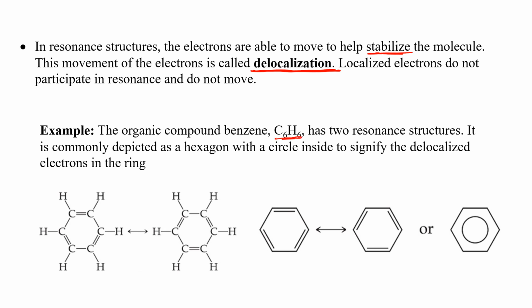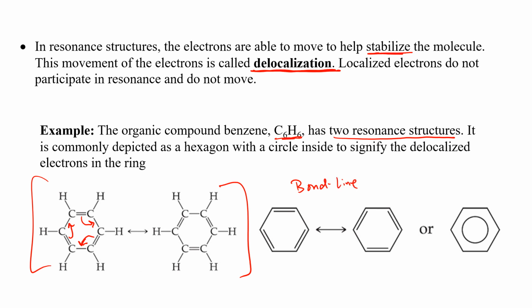Benzene, for example, has 2 resonance structures. I just want to show you molecules in a ring. Let me show you with arrows. These are curved arrows which show the movement of electrons. You don't need to be able to draw these, but I'm just showing you how the electrons are moving. So we see that we get 2 resonance structures. Now these are bond line representations.